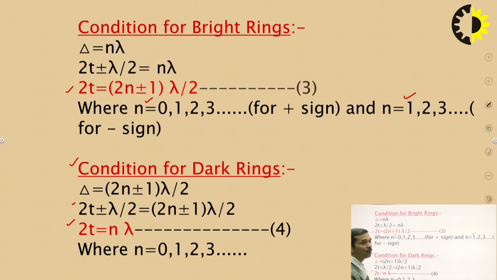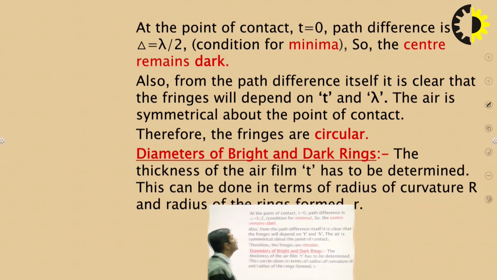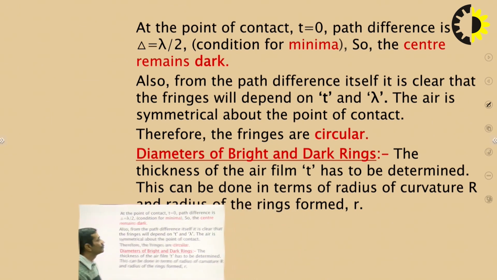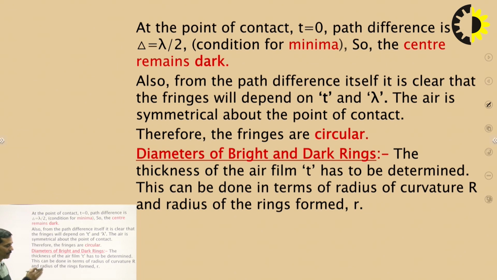So equations 3 and 4 represent the conditions for the bright and dark rings. Here one point we can discuss is the point of contact, where the plano-convex lens and the glass plate are in contact.